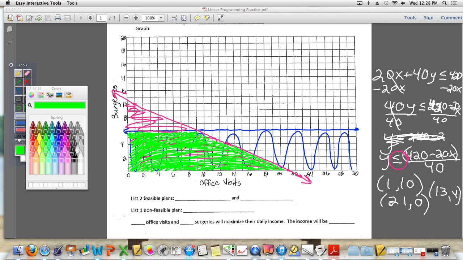Alright, so you have this trapezoid looking thing. Sometimes your shapes that you'll create will be nice, sometimes they won't be nice. In this case, it's not bad.